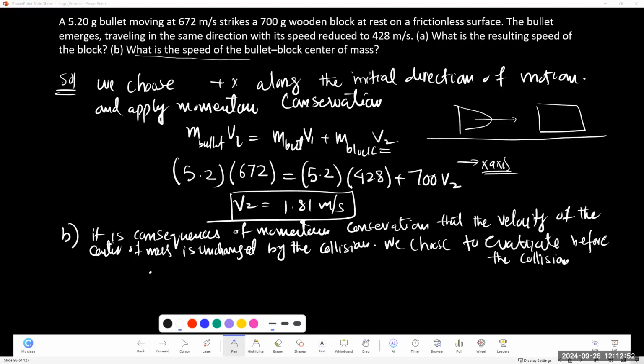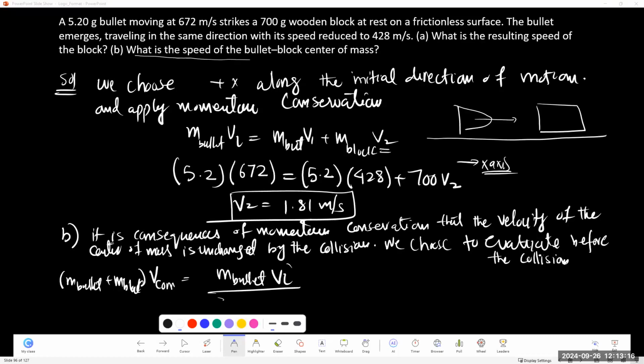So I'm going to write V component equals m bullet times vi, and after the bullet hits the block, the bullet and block become one. So I'm going to write m bullet plus m block.